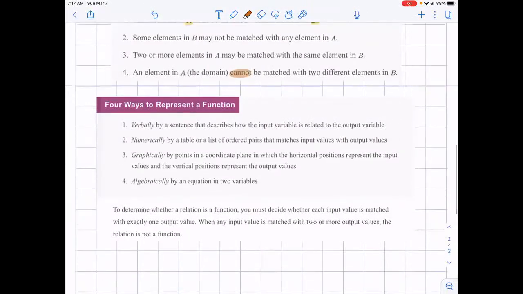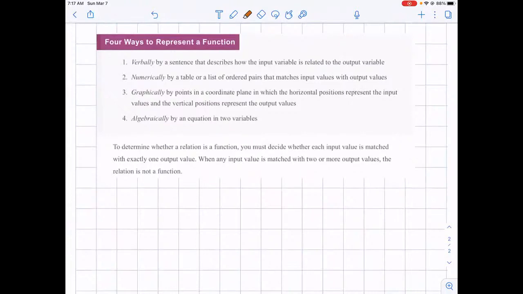There are 4 ways in which a function can be presented: verbally, then numerically, graphically, and algebraically. So those are the 4 ways a function can be presented to you. And we'll look at examples to see, if not all, then most of them.